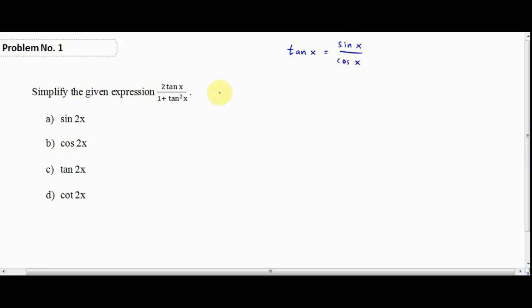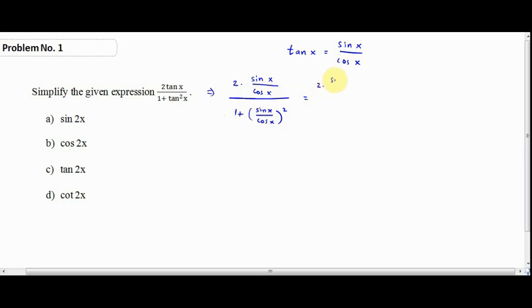Okay, now here we are given a ratio 2 tan x divided by 1 plus tan square x. Let's replace tan x with sin x by cos x. So what we get is 2 into sin x by cos x whole divided by 1 plus sin x by cos x whole square. Okay, so let's expand this.